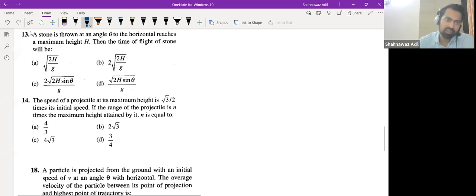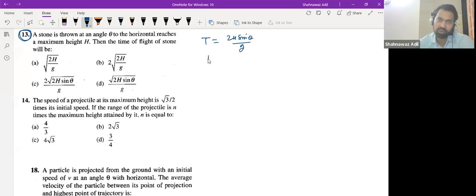Try this question at your home, because you know t is 2u sine theta by g, and you know h is u square sine square theta by 2g. So you have to write t in the form of h. This is what you have to do, right? So understood the question, guys? Yes, sir. Please try this question at your home.